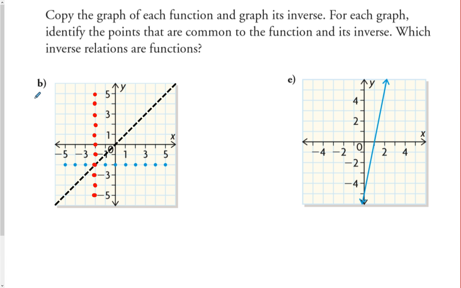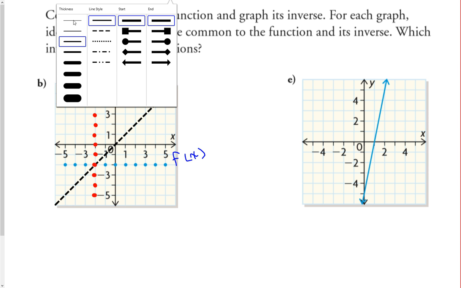So a vertical line, sorry, a horizontal line, the inverse will be a vertical line. So our red is our inverse, our blue is our function, and now we need to say some stuff about it.